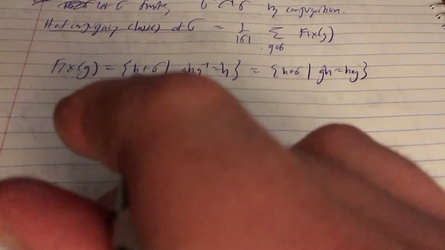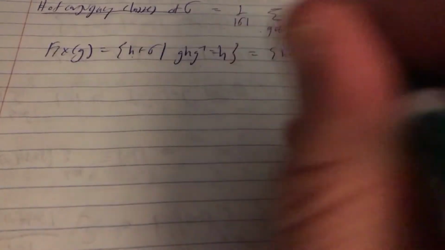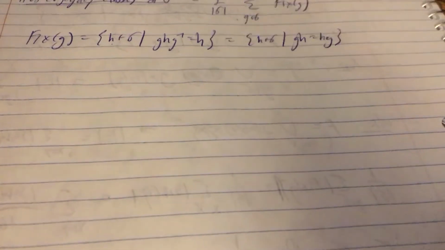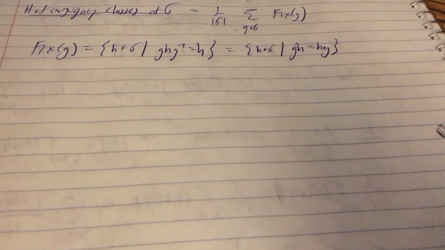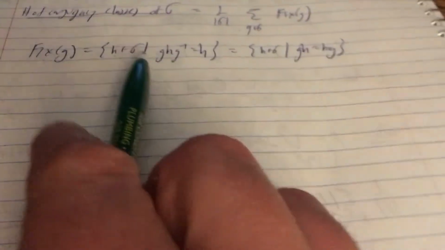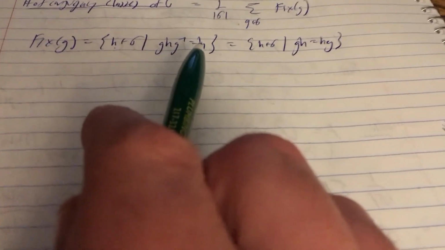So this is the set of all h in G that centralize g. In other words, it's exactly the set of things h such that g is stabilizing h.